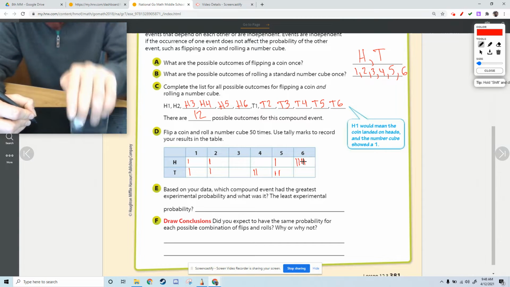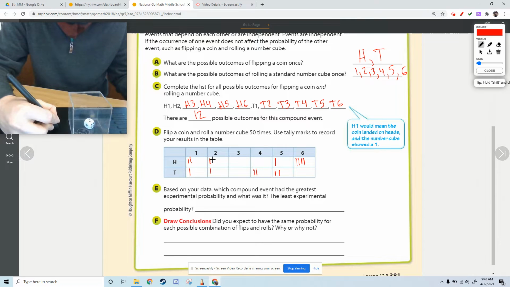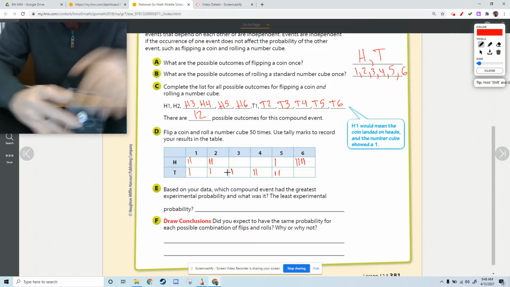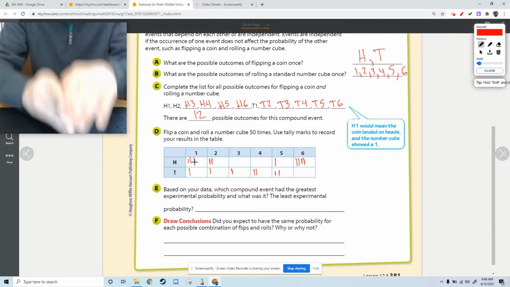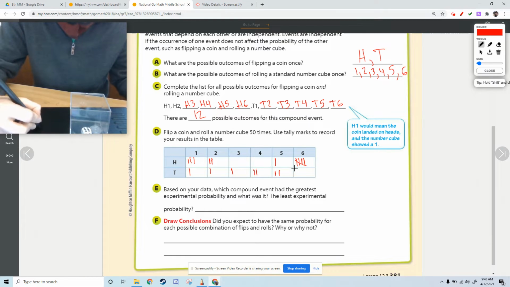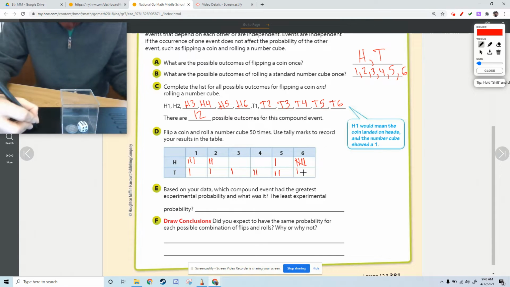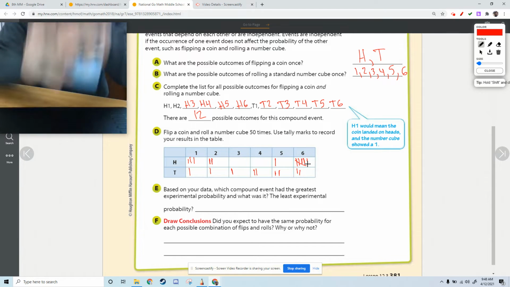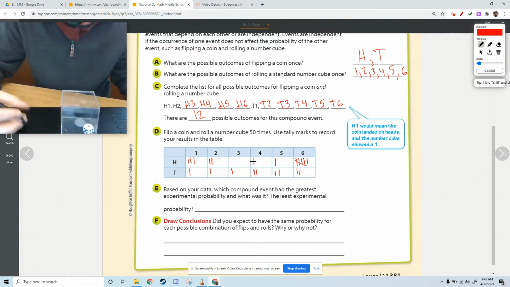How on earth are we getting 3 times in a row? 1 heads. 2 heads. 3 tails. 1 heads. Another 6 heads. 6 tails. 6 tails. 6 heads. 4 heads. Get it? 4 heads.